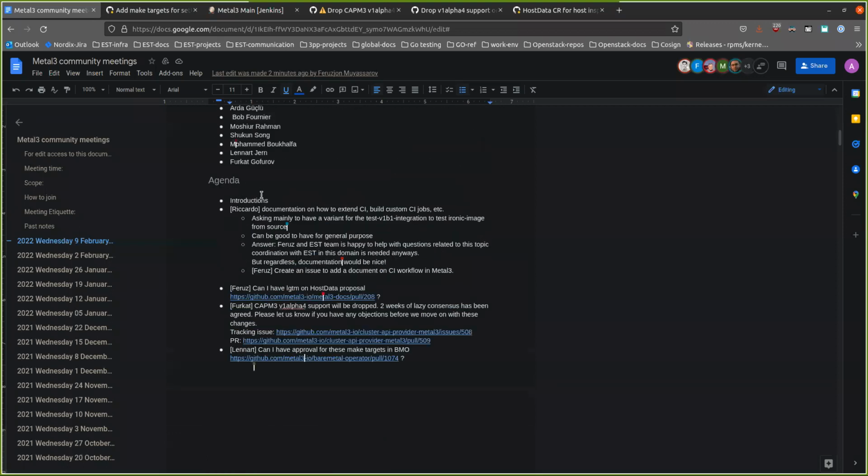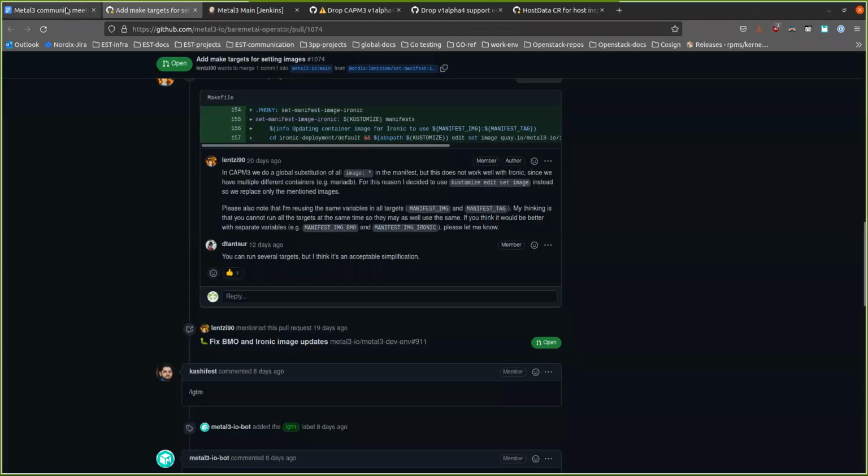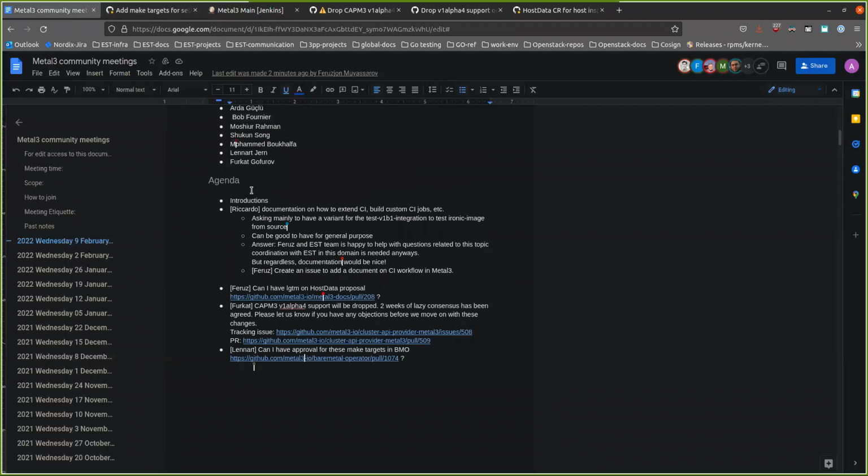I think that's all. As closing, I would like to mention that now that we have the triage labels everywhere, I actually combed through all of the repositories in the MetaCube project that are not archived. So everything has the triage accepted label if it is accepted, and otherwise the triage label for those that are not accepted.